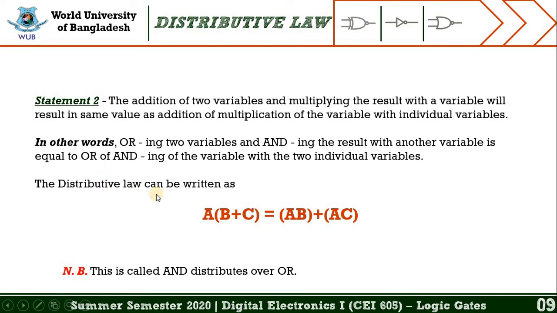The distributive law can be written as A and (B or C) is equal to (A and B) or (A and C). This is called AND distributes over OR.